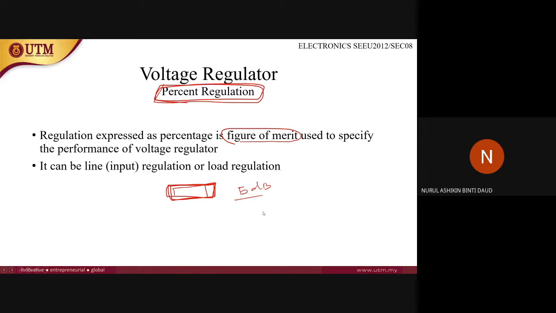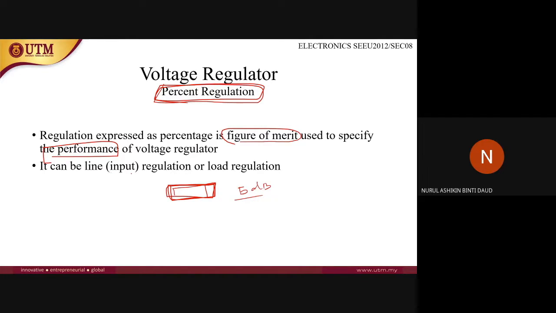So a figure of merit is like a standard value or standard amount to present something. The figure of merit here, the percentage of regulation, is used to specify the performance of a voltage regulator.